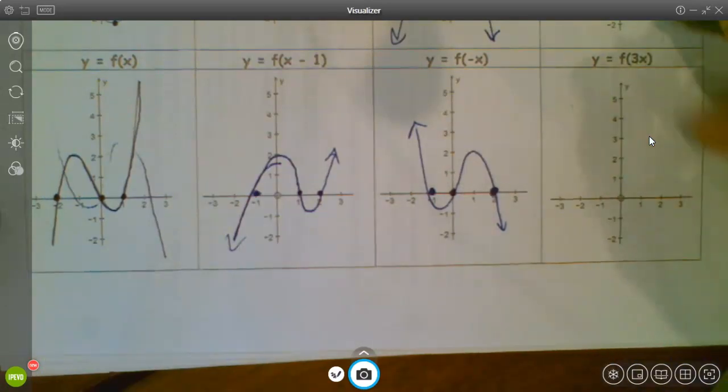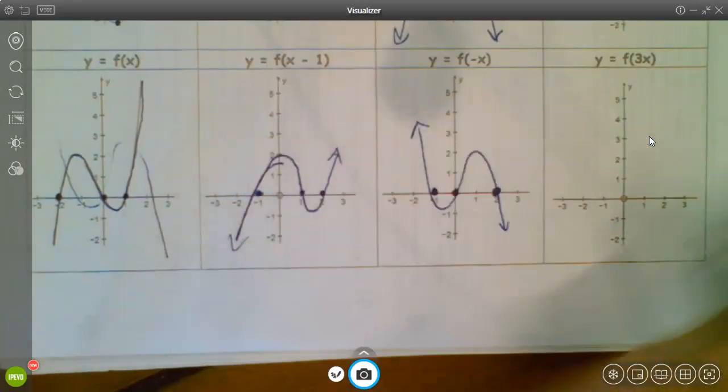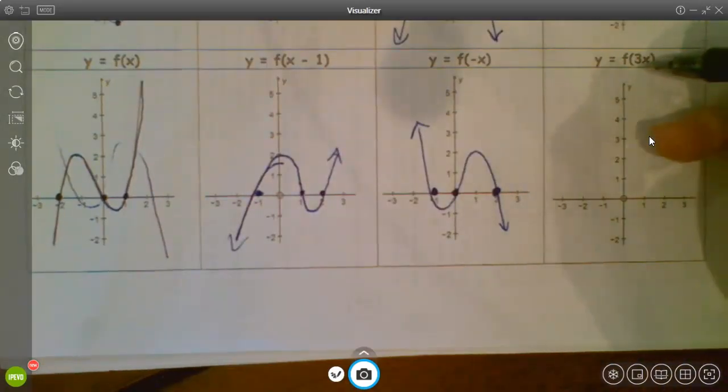And last one over here, let me give you a horizontal compression. So we are going to divide the x-coordinates by 3, right? So it's going to horizontally shrink our graph if I divide my x's by 3.